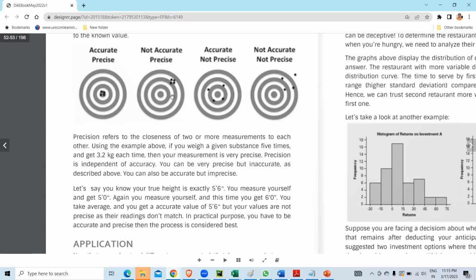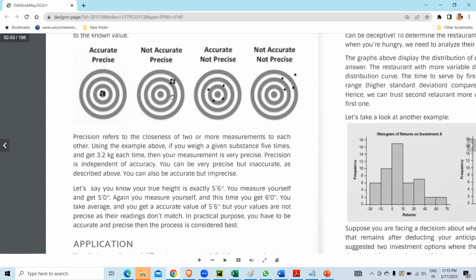In the second case, you see the dots are all close together, very good. So your data is precise. But the expected center was here, and your data is somewhere else. So we say it is not accurate. It's like telling you we'll start class at 10 o'clock, but I always start at 11 o'clock, every day.